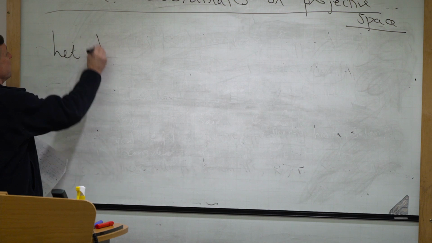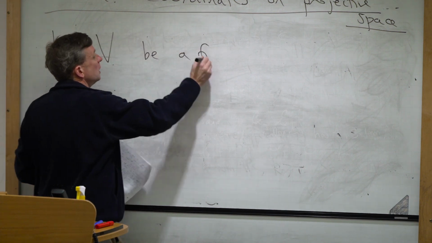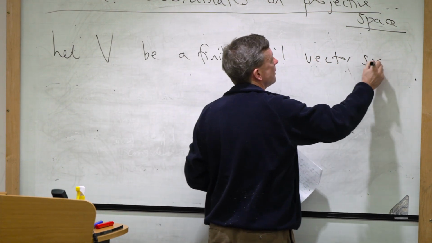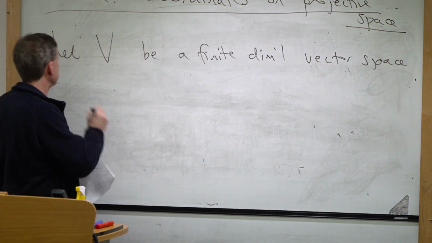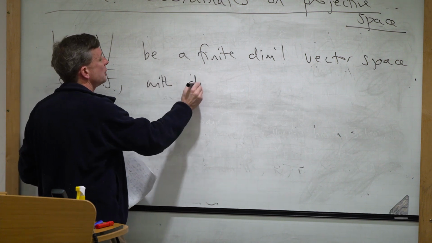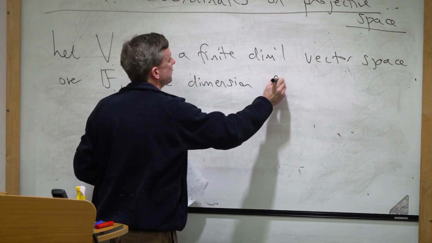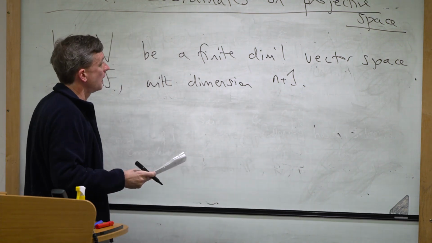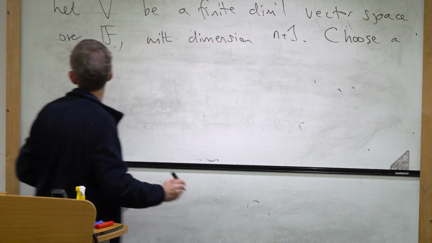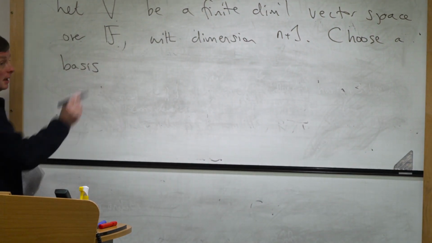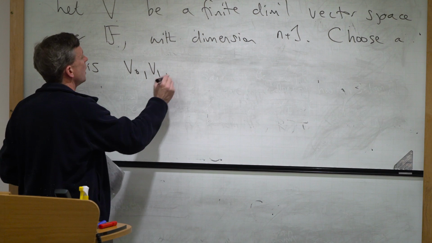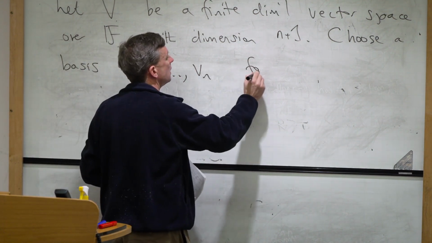Let's take V to be a finite-dimensional vector space over our field F. Let's say the dimension is n plus 1. And let's choose a basis. Things look nicer notationally if we start numbering from 0. So the basis will be v0, v1, up to vn for V.